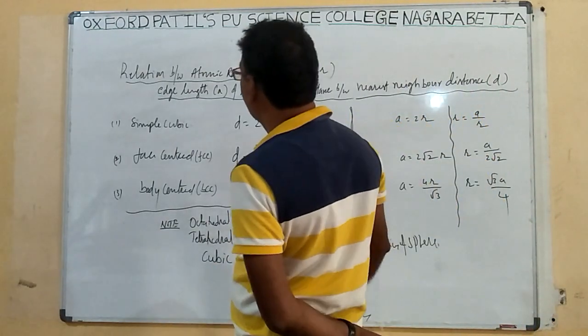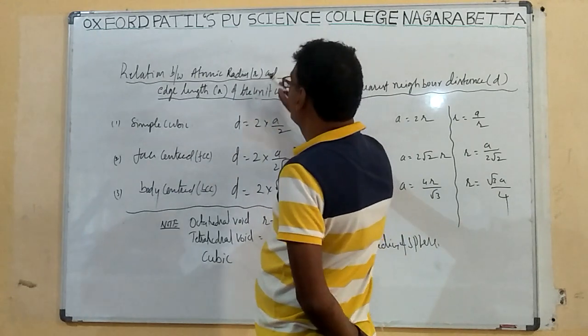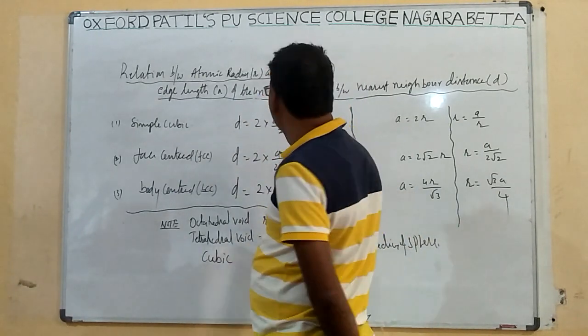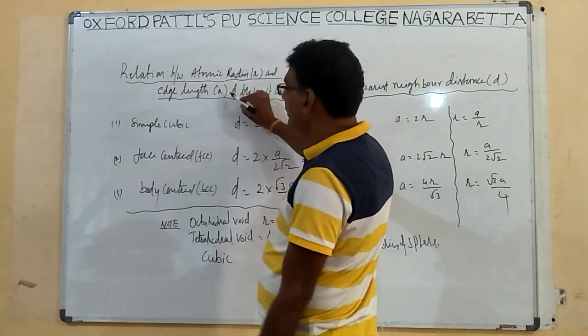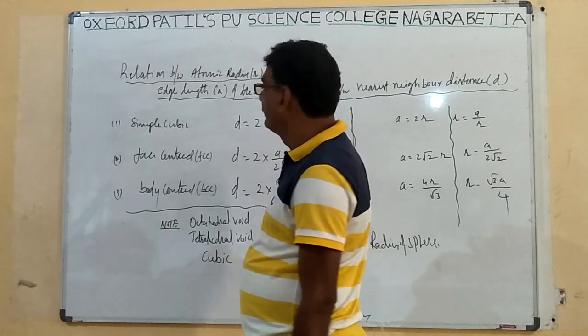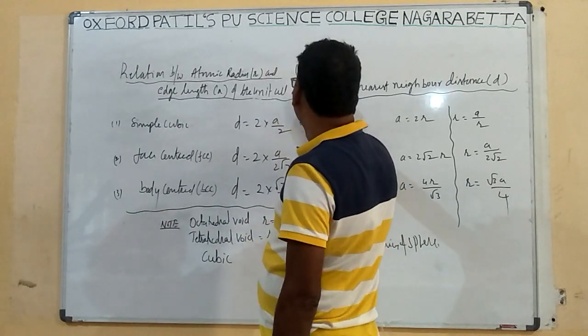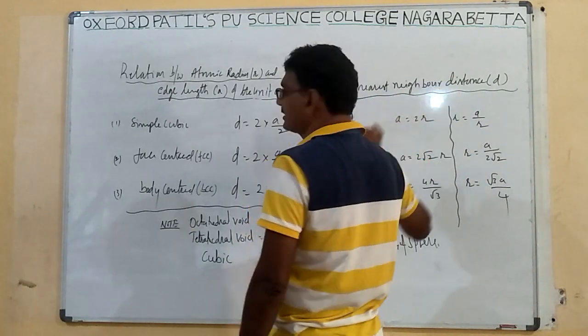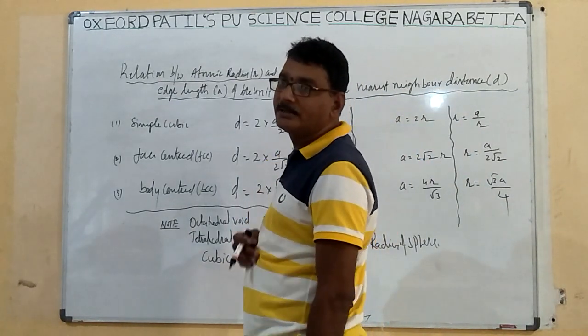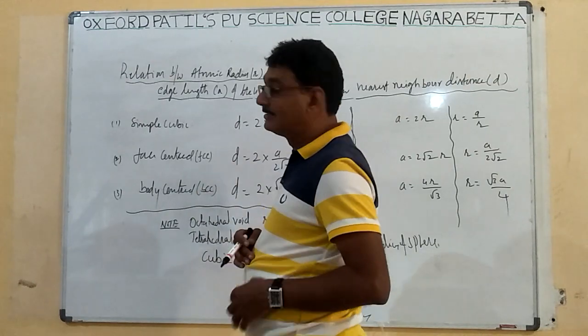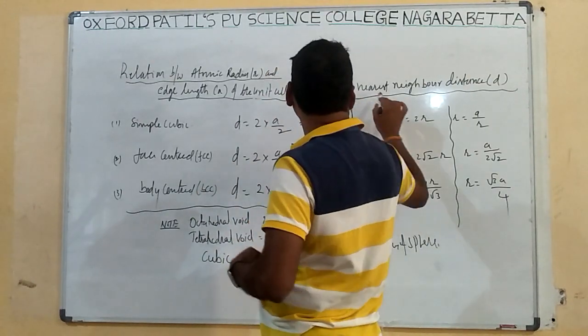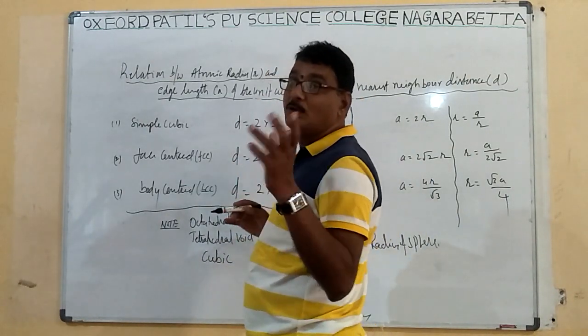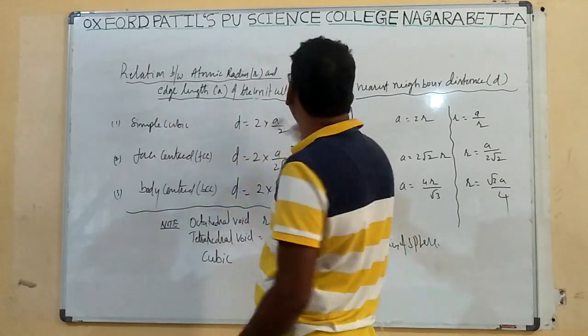In the tabular formula, the relation between the atomic radius small r and edge length small a of the unit cell, and the distance between the nearest neighbors is equal to d, the neighboring distance. D is equal to 2r.